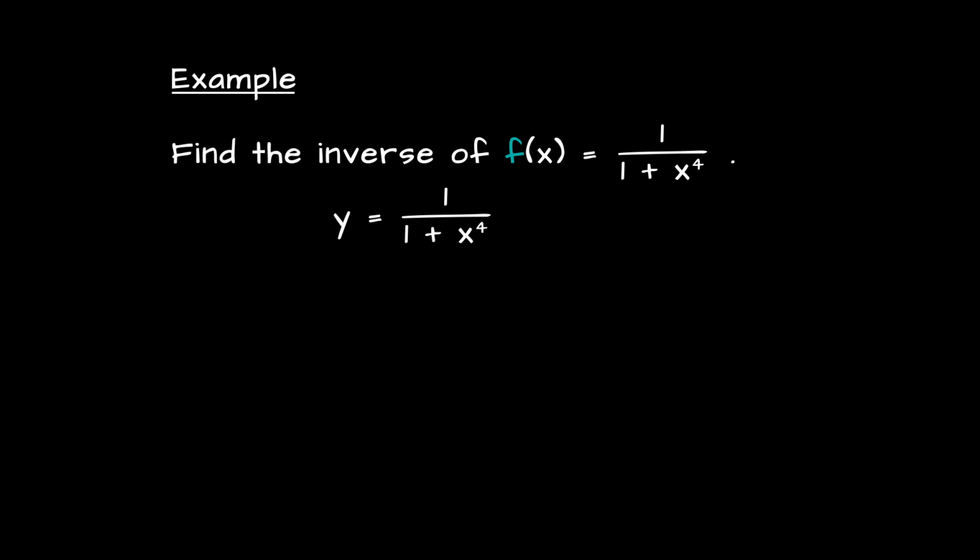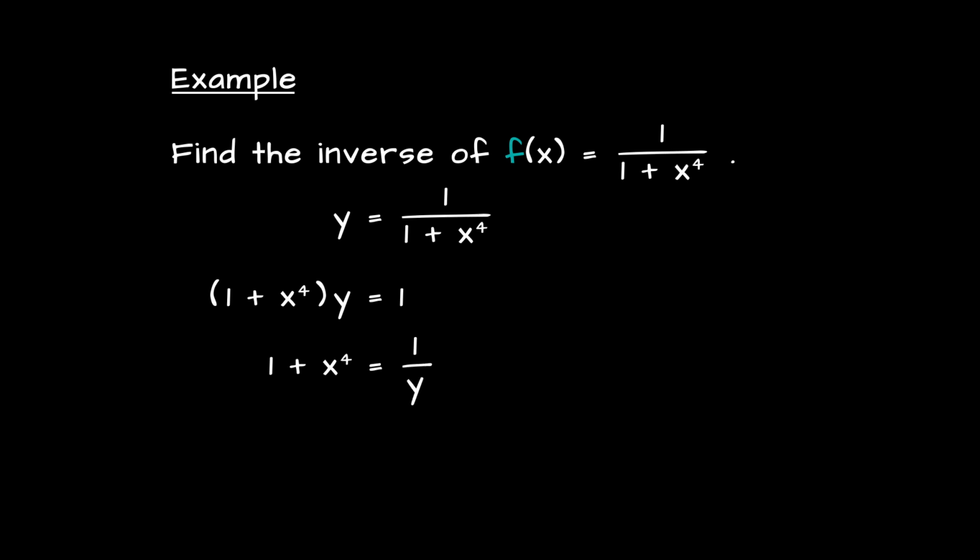Well, we can begin by multiplying both sides of the equation by the denominator 1 plus x to the 4th. So that would give us 1 plus x to the 4th, times y, equals 1. Then we could divide both sides by y to obtain 1 plus x to the power 4 equals 1 over y.